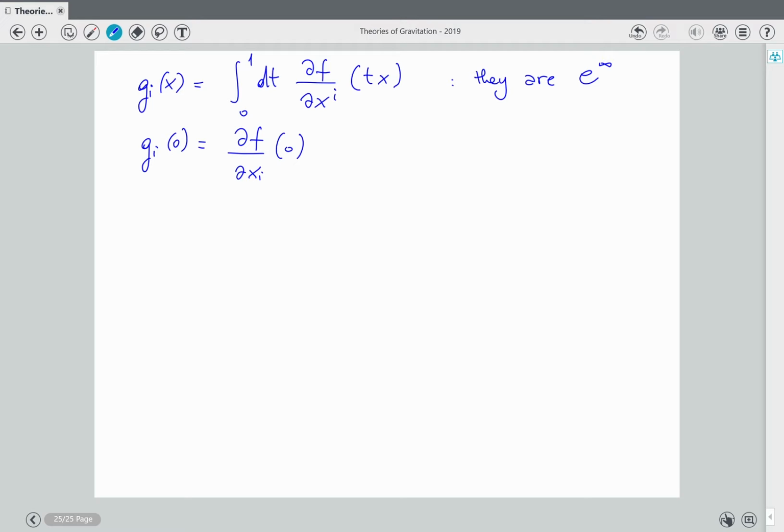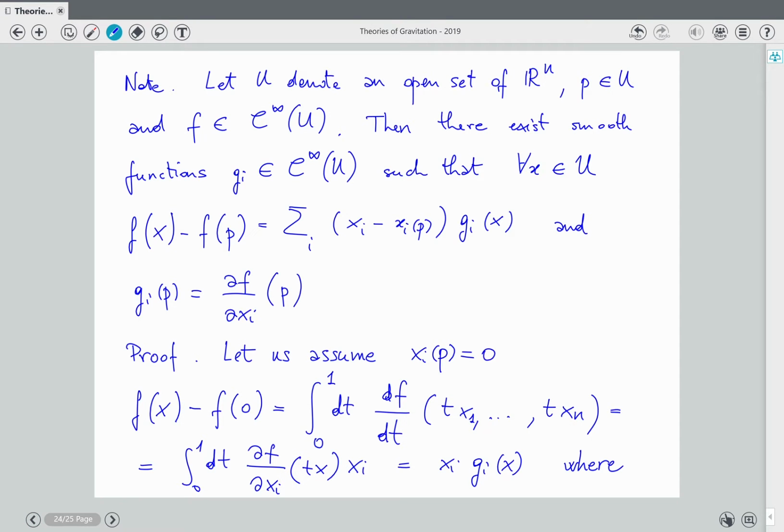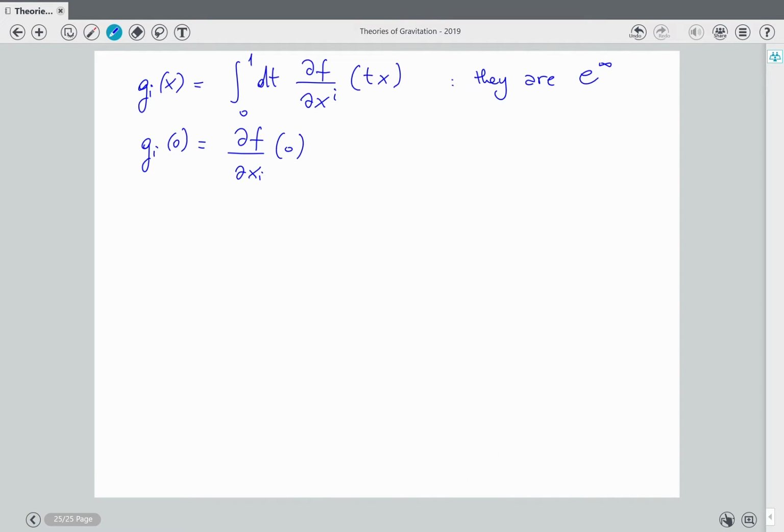Now we want to show, to write a basis for the derivations. So again, let U denote an open set of Rn.